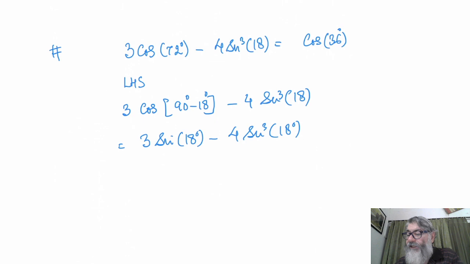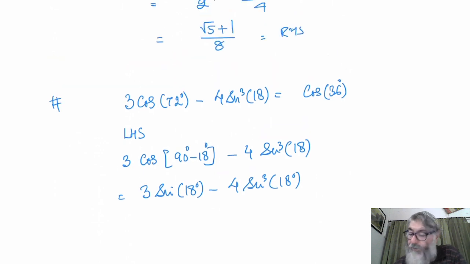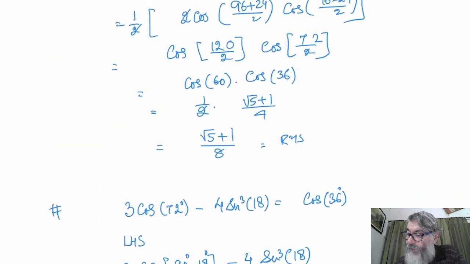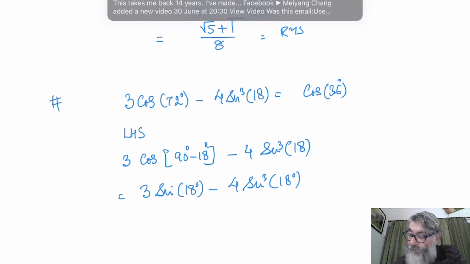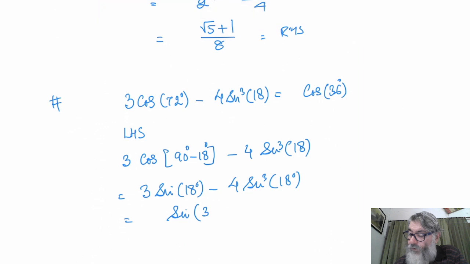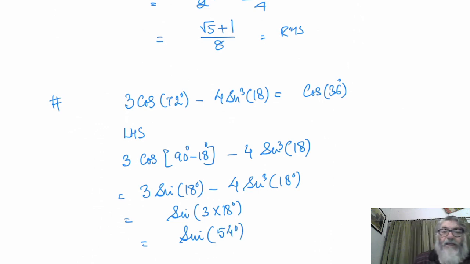So it becomes 3 sin A minus 4 sin cube A, which is sin 3A. That is 3 into 18, which is sin 54 degree.